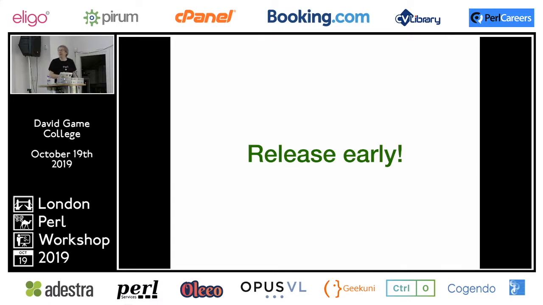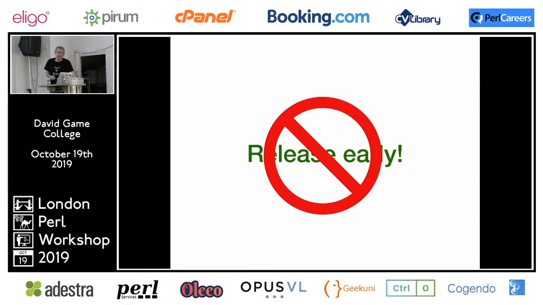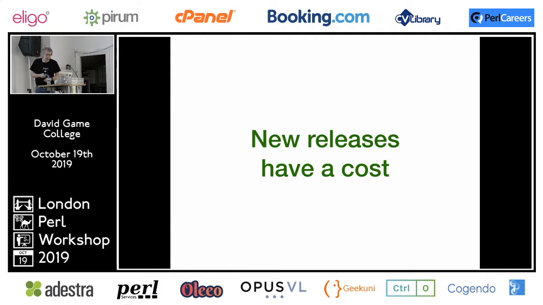You've probably seen the thing saying release early. I don't like this because of the bathtub curve: if you're releasing early, you probably haven't settled down on your API and you've probably got bugs. New releases have a cost. As part of our process that's come in with ISO 27001, in particular, we've got more cost on this.